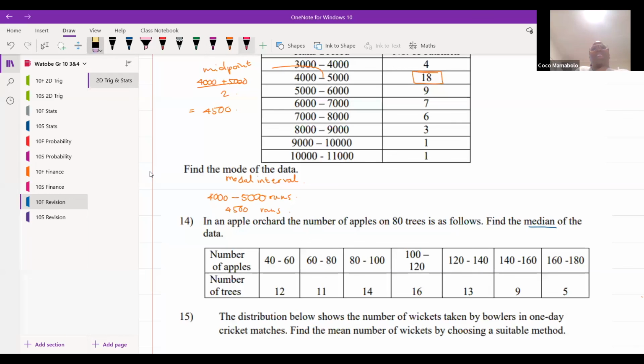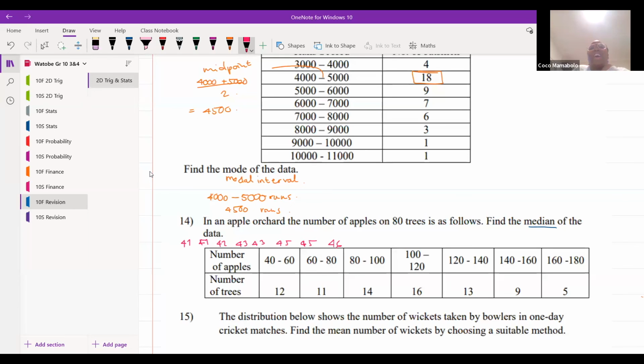What they're saying here is of the 80 trees, the first 12 trees they counted only had apples between 40 and 60. So for the first 12 numbers, I maybe have 41, and then 41 again, and then 42, 43, 43, 45, 45, 46.